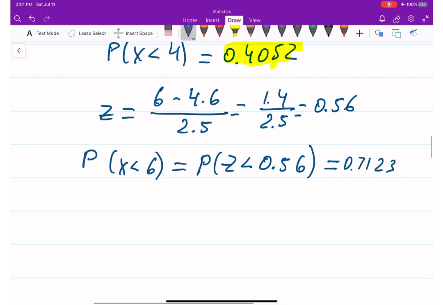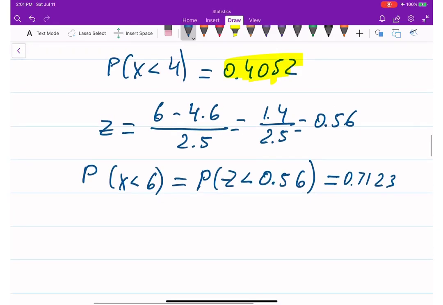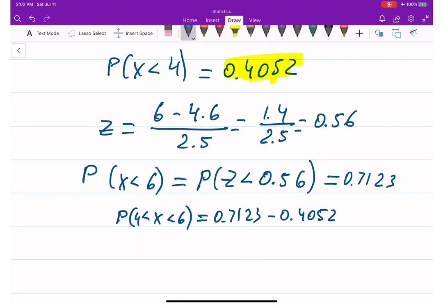Which means the probability that x is greater than 4 and less than 6 is equal to 0.7123 minus 0.4052.